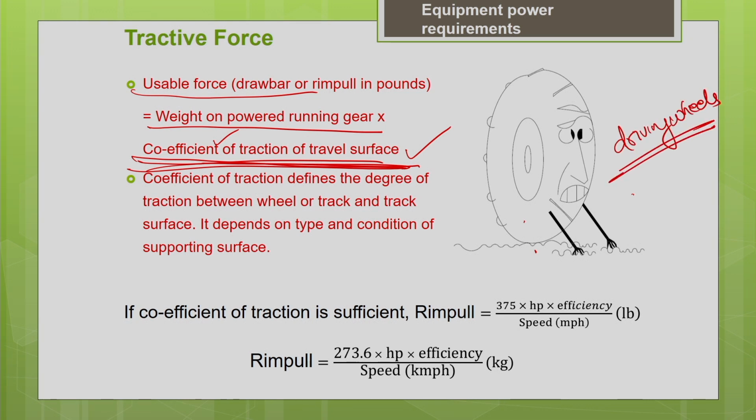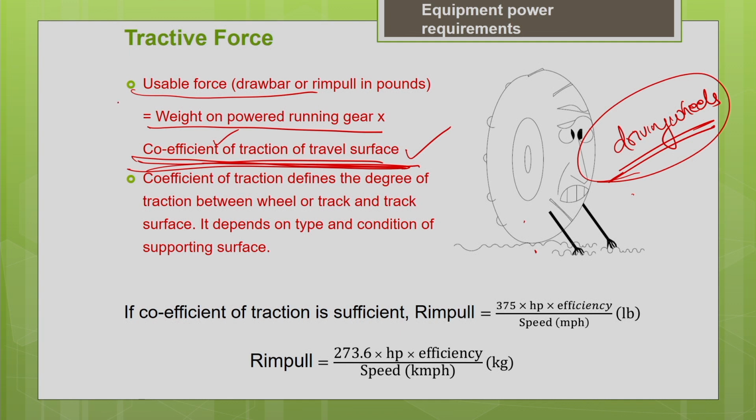Certain equipment used for very tough conditions, for example construction equipment, we prefer to go for all driving wheel. That means all the axles are powered and all the wheels will be driving. But for equipment used for just average or moderate conditions, I need not go for all driving wheel equipment. In that equipment, only some of the axles are powered and the remaining wheels are not driving. They are not powered.